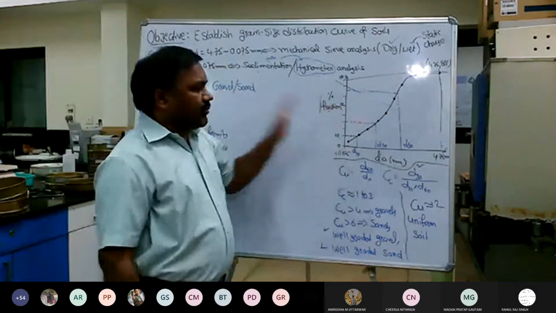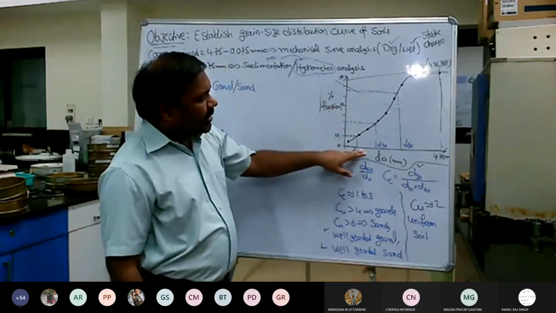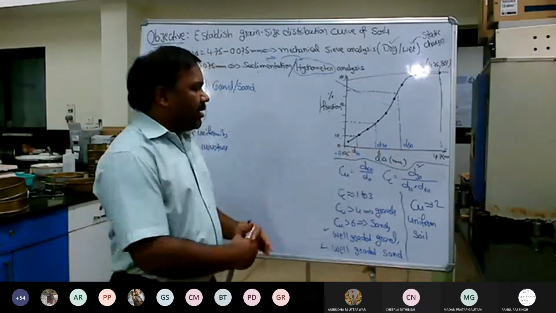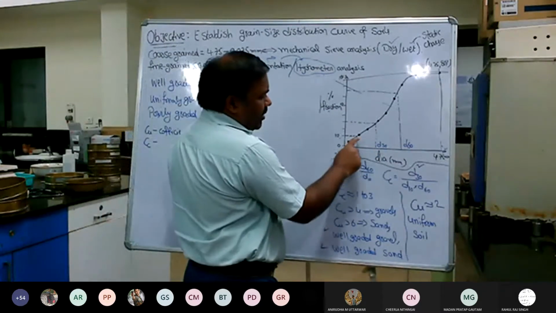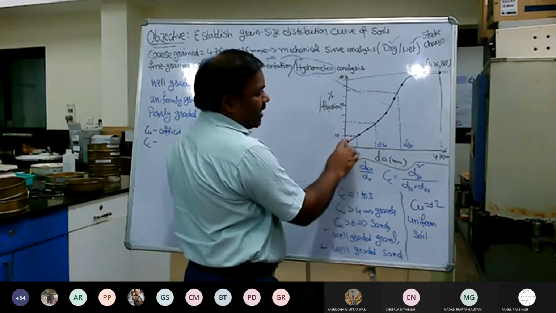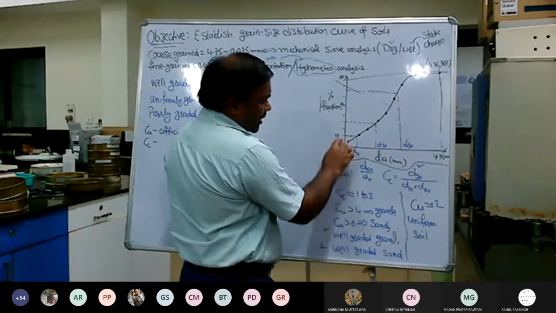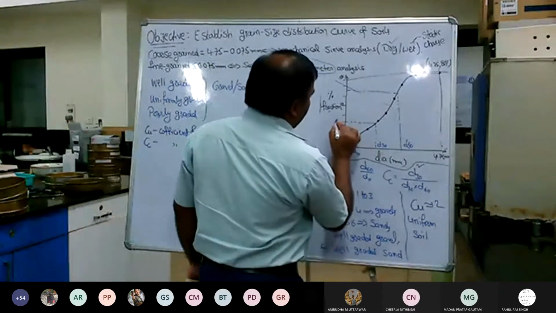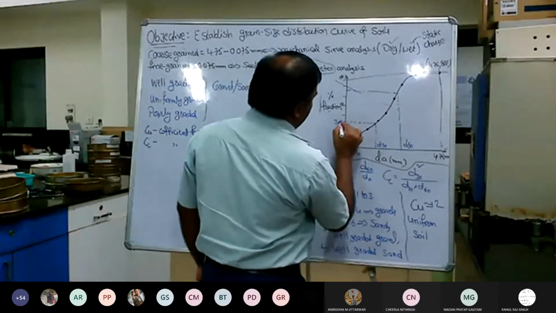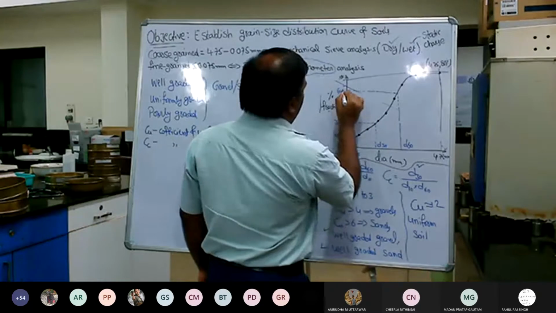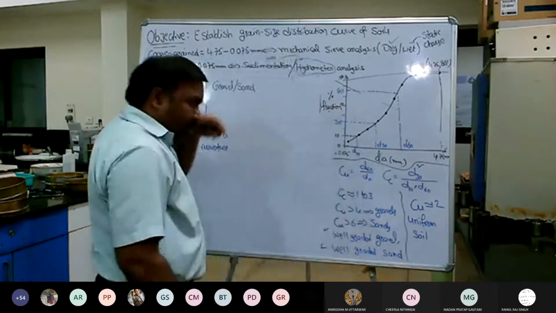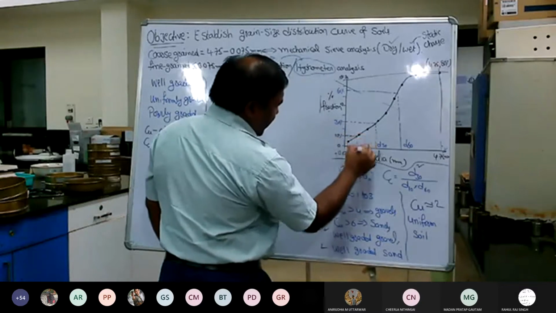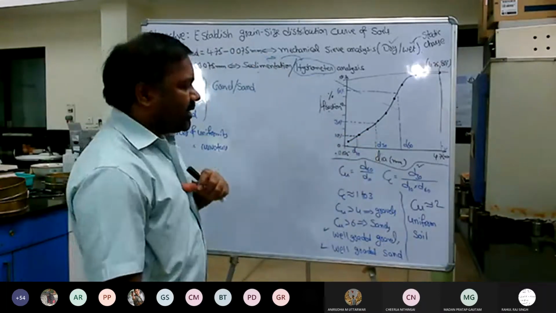From your gradation curve, you need to pick up D10, D30 and D60. Draw a horizontal line from 10% finer onto the gradation curve and extend it onto the horizontal axis.